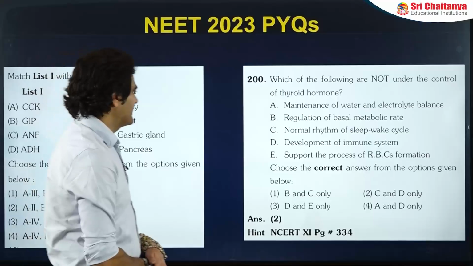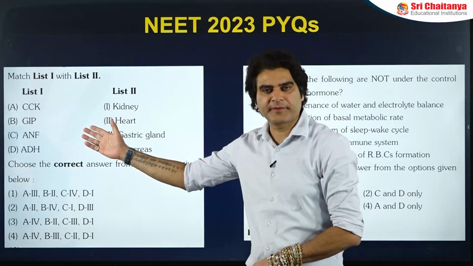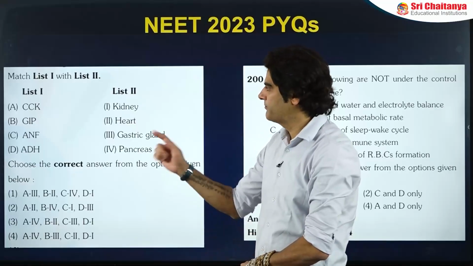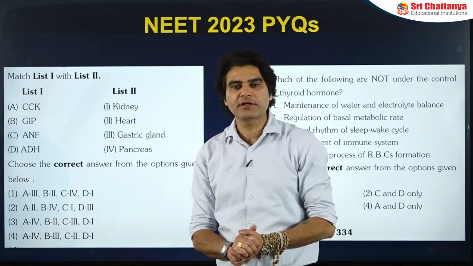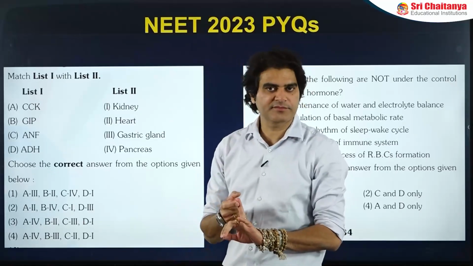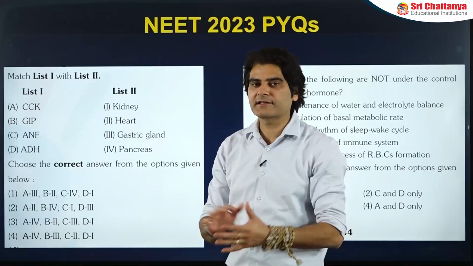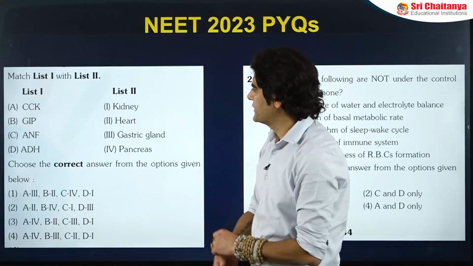NEET 2023 questions after that. Once again, we can notice the most common pattern of question asking from this chapter, matching type. So you know while studying this chapter what we are supposed to focus on: functions of hormones, source of the hormones, disorders caused by the hormones, and most likely you will get a matching type of questions from that. So match list 1 with list 2 again.